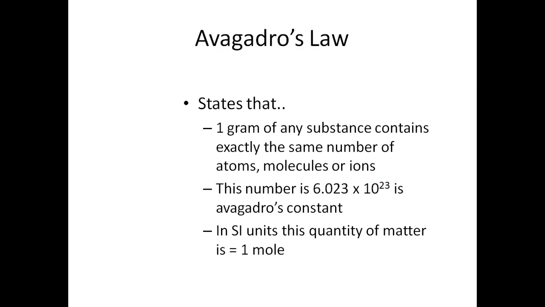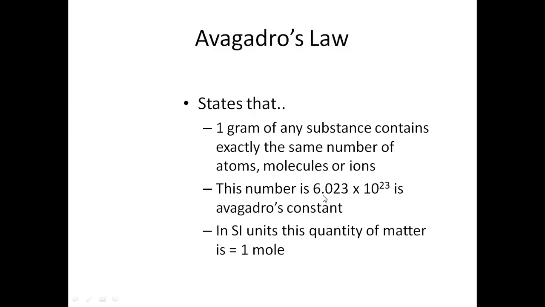So what about Avogadro's law? Avogadro's law states that 1 mole of any substance contains exactly the same number of atoms, molecules, or ions. So volumes of gas under the same condition must contain the same number of molecules. So 1 mole of a gas at a constant temperature and pressure should occupy the same space as any other gas.